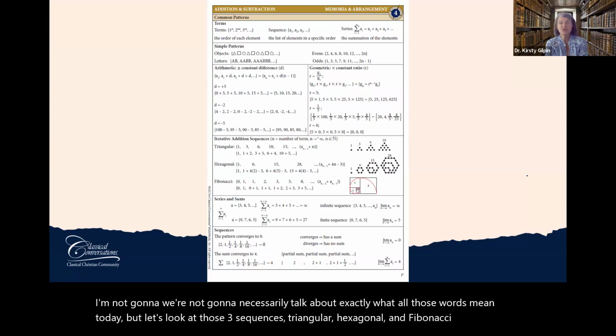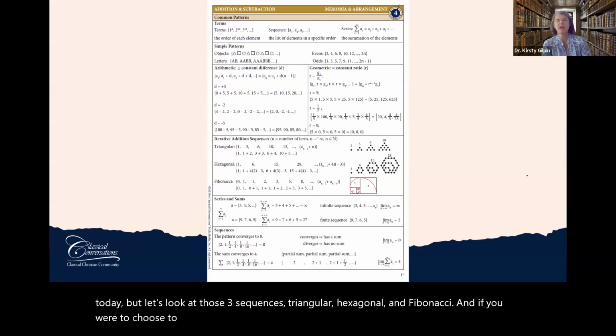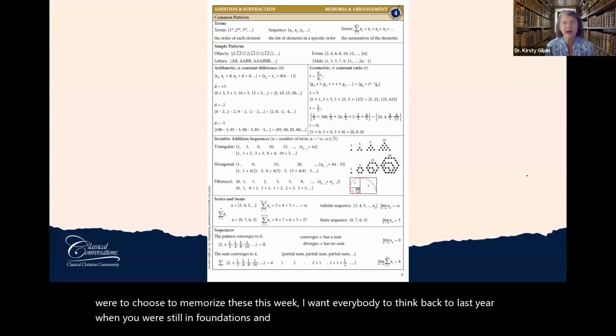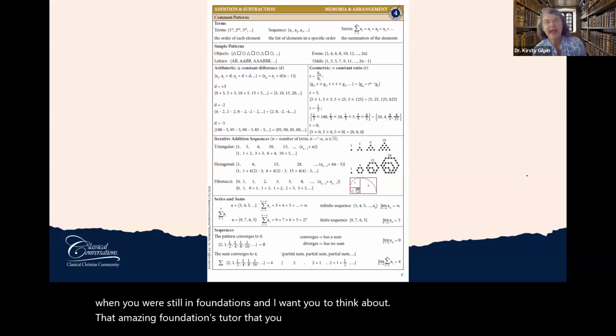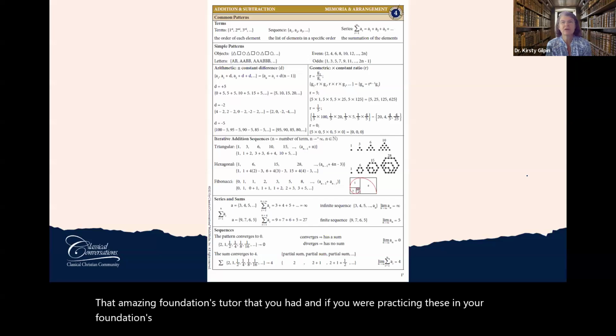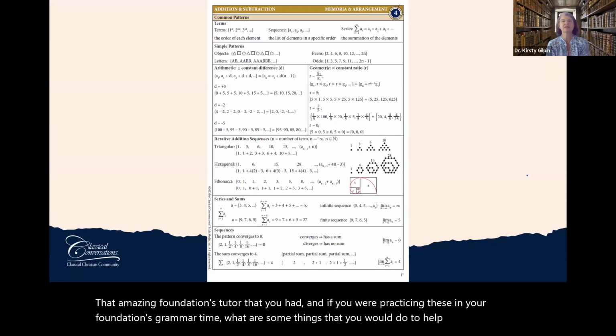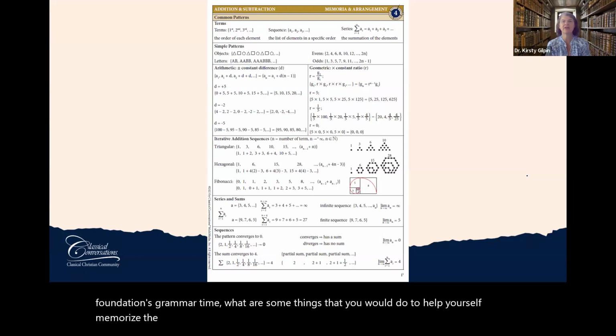And if you were to choose to memorize these this week, I want everybody to think back to last year when you were still in foundations, and I want you to think about that amazing foundations tutor that you had. And if you were practicing these in your foundations grammar time, what are some things that you would do to help yourself memorize the triangular, hexagonal, and Fibonacci numbers?